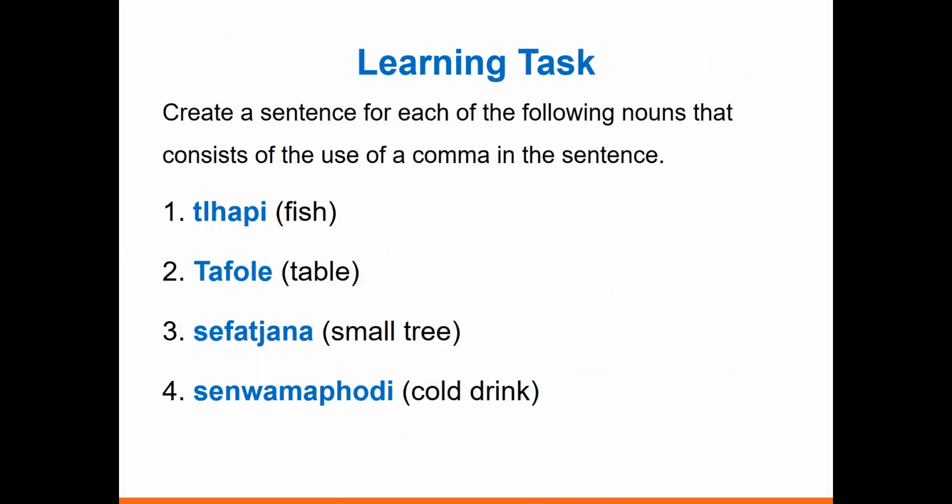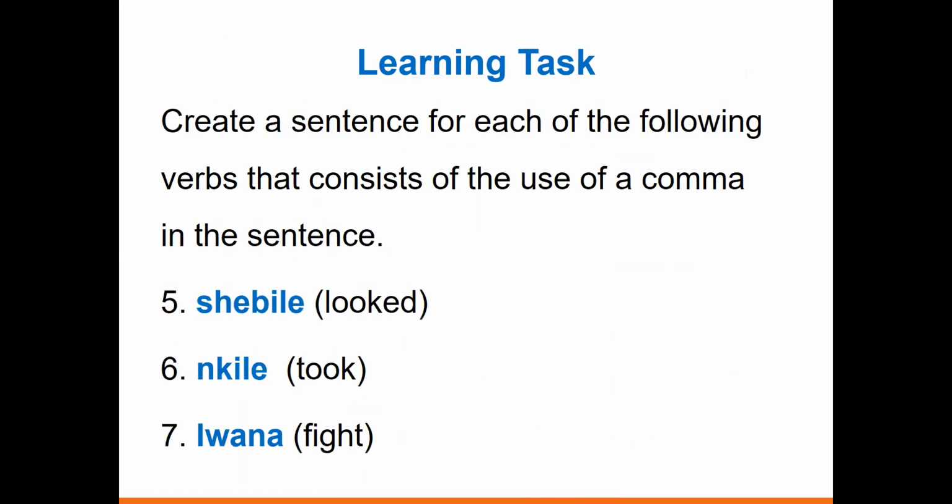So I want you to create a sentence for each of the following nouns that consists of a use of a comma in the sentences. Tafule, sifatshana, sinwamaphodi. So now the weather is really warm and we can all enjoy those. So again here, using the comma as well, using the following verbs.